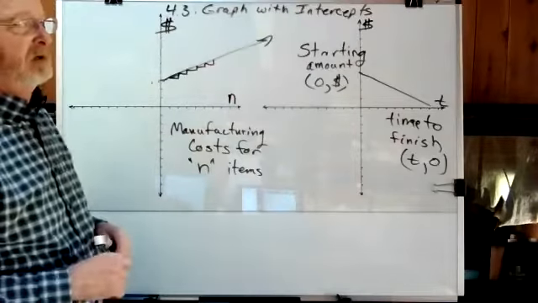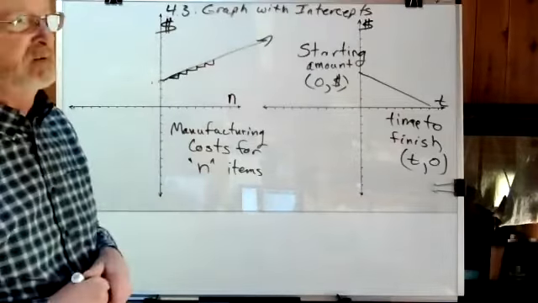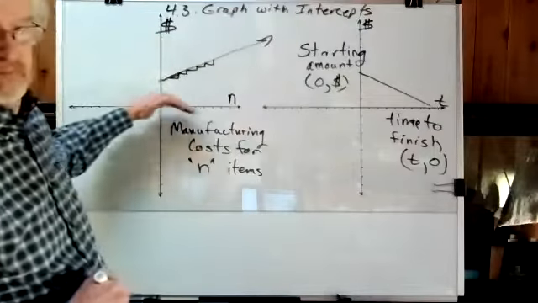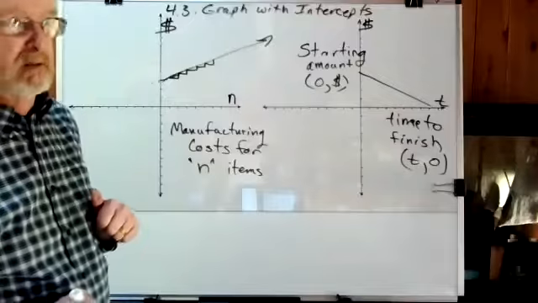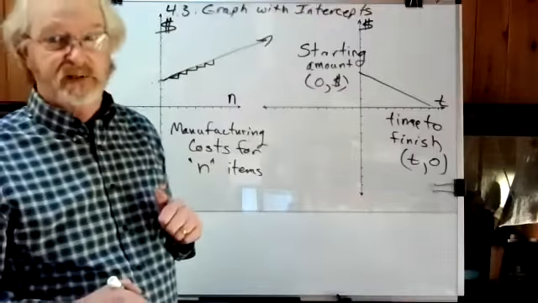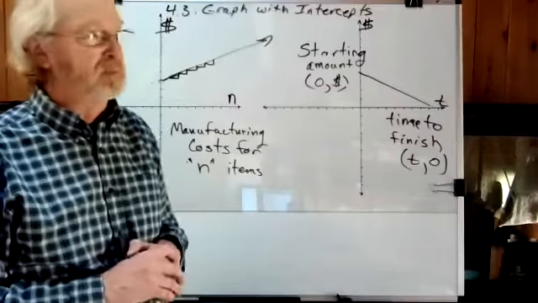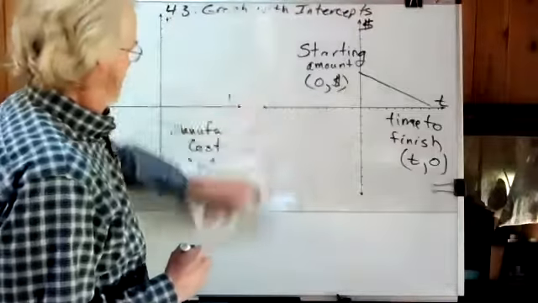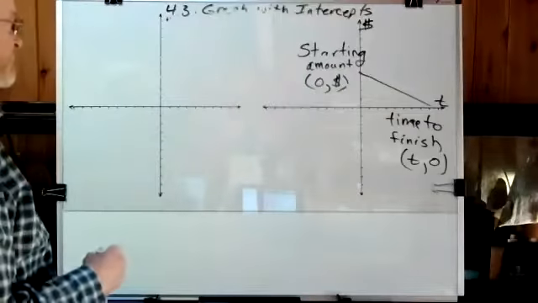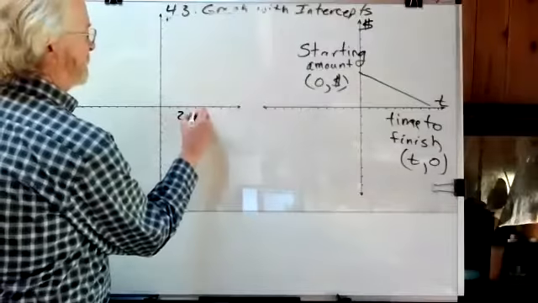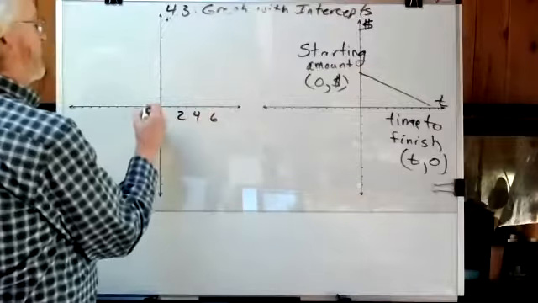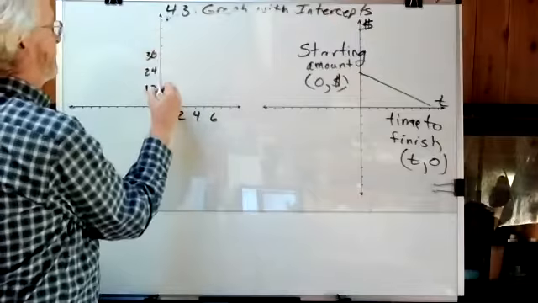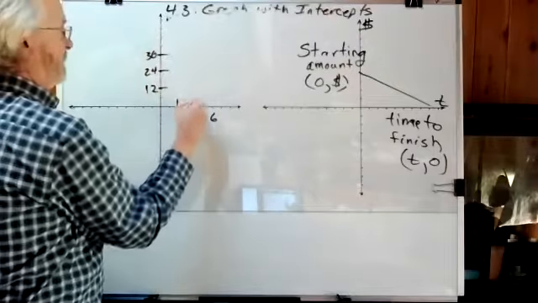It does remind me, I looked through the questions, and be careful to read the units on the axes. They're not all ones, in particular in the applications, in the word problems. I noticed one of them went something like 2, 4, 6, and then this one was 12, 24, 36 for every other one.